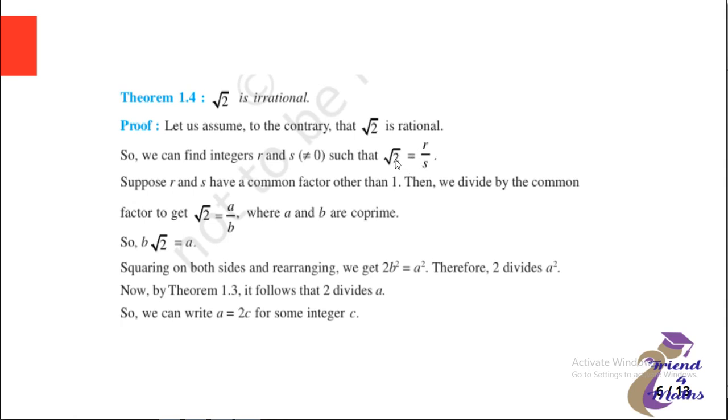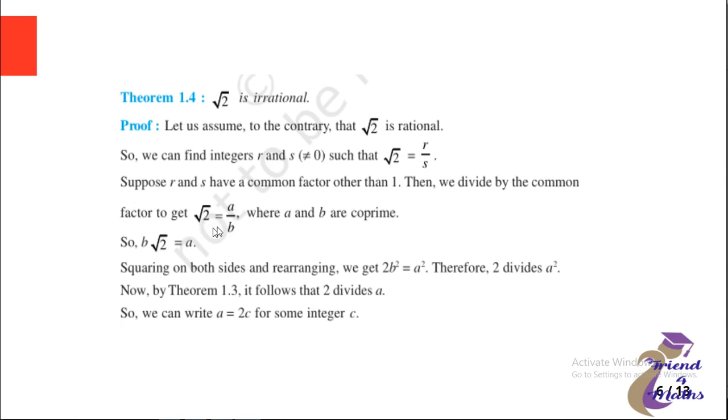Here we are taking r and s as some integers, and root 2 is equal to r by s, and we are saying that this r and s have common factors other than 1. We take that common factor and cancel it, and after cancellation we get some other two integers.